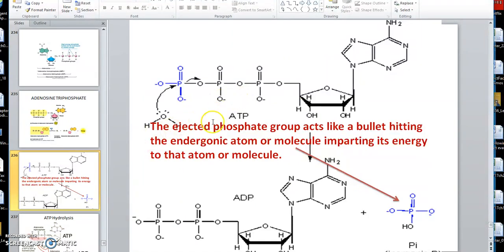Here's another one. The ejected phosphate acts like a bullet hitting the endergonic atom. So the way I am placing it is this. You have a gun, let's say, and you have 2 blocks sitting on a table. You'd like one block to join with the other block, but they can't do it because they don't have enough energy. So you take the gun, you shoot the bullet.